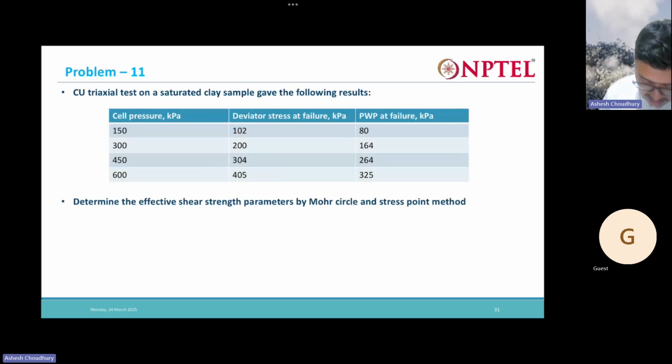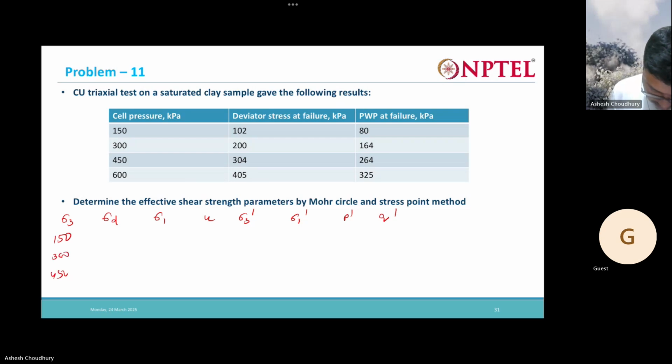So it's quite simple, the same. If you add this, you will get sigma 1.